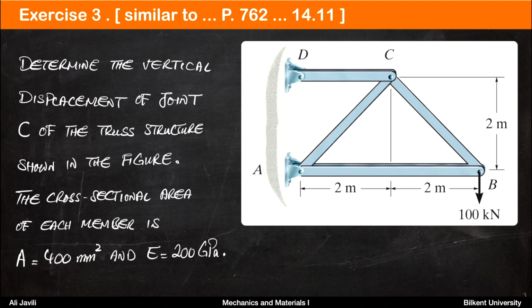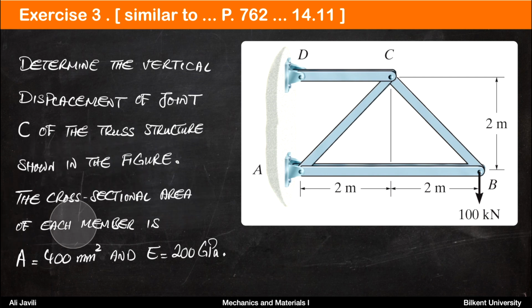Exercise 3 in this lecture is similar to problem 1411 on page 762. And the structure that you have in this problem is identical to the problem that we had previously, exactly with the same dimensions and force. But now the problem description has changed. Determine the vertical displacement of joint C of the truss structure shown in the figure.